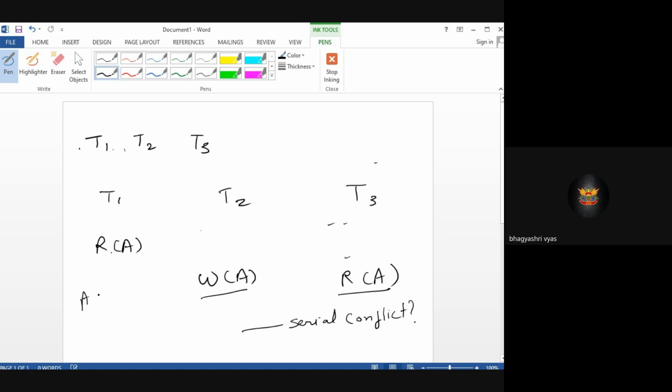Suppose A is again 100. Write means we are updating it, maybe A plus 1, so it will become 101 here. But at the same time we are reading, so T3 will read 100 or 101. It will become a conflict for the system.